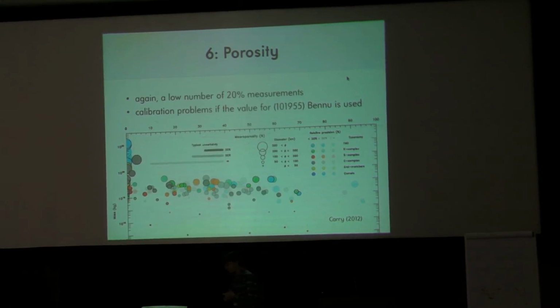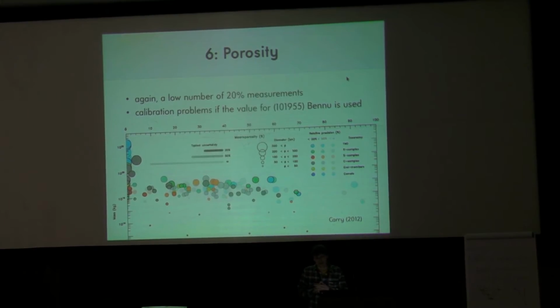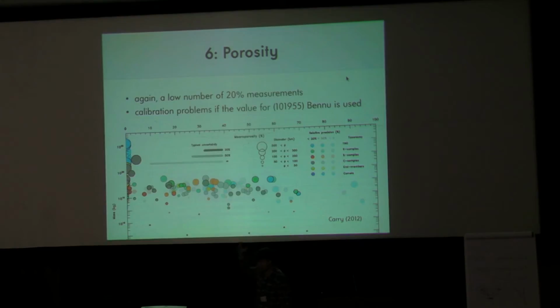Porosity is an even worse case. There is a low number of asteroids which have a measured value of porosity, and regarding the calibration, one of the most precise measurements is for Vesta, which was studied in great detail.